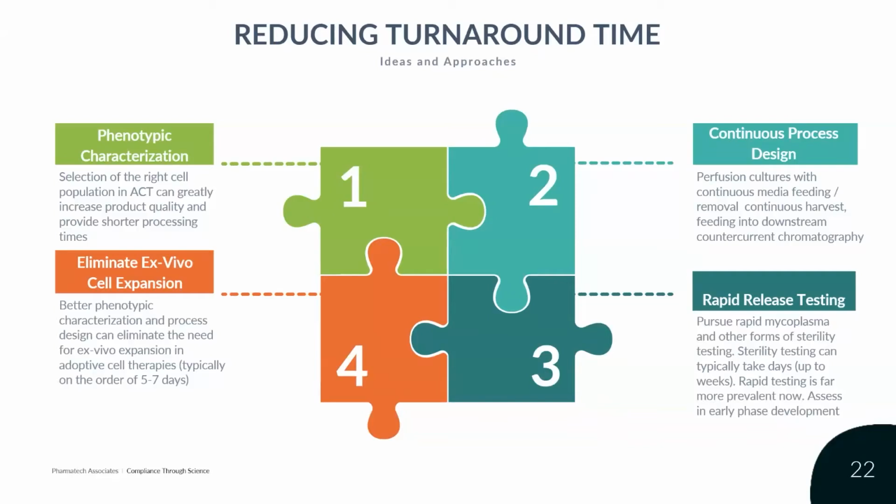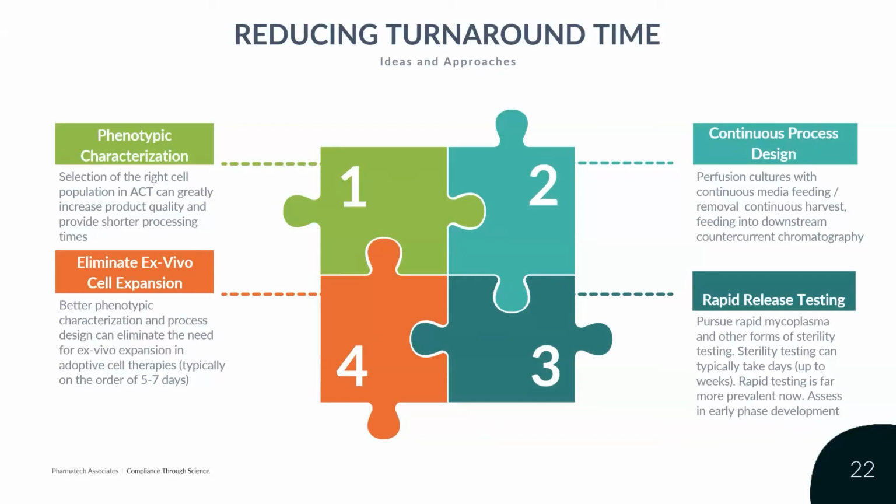This is not necessarily for adoptive cell therapies. I think we're actually a long way away from any sort of continuous process design there, not only because they're autologous, so that means one patient per lot, but even for the allogeneic therapies, there's just nothing that's really large scale and continuous that's been designed or developed yet.